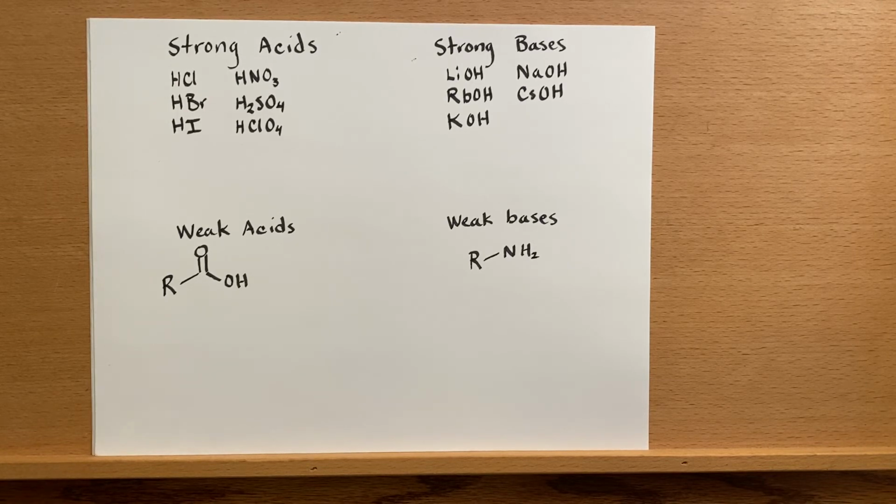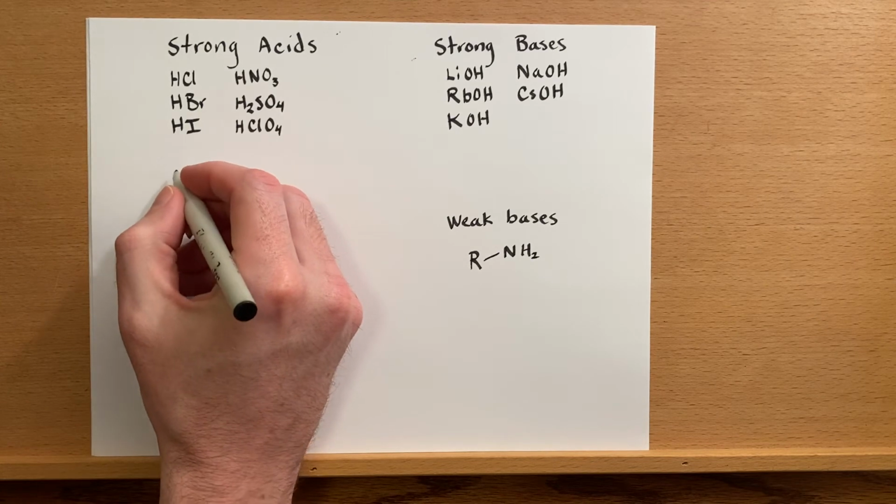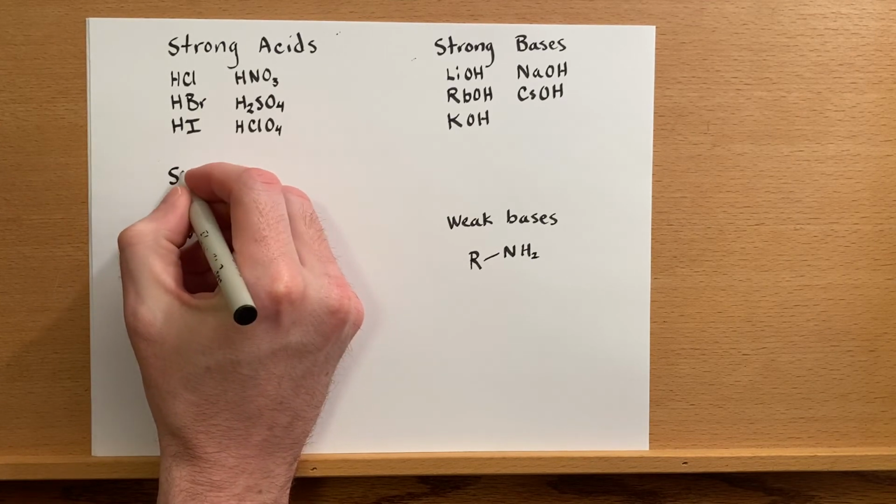Now, I haven't included every single strong acid on here or every strong base. There are some a little bit more specialized ones that get used more in organic chemistry or just to push the limits. Like, for example, here's one that is really strong.